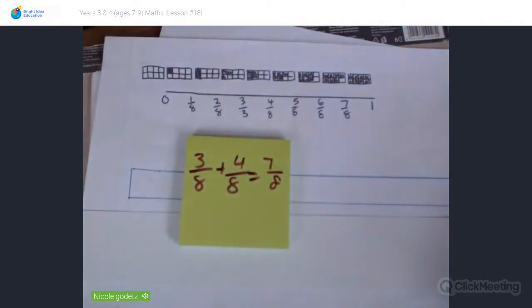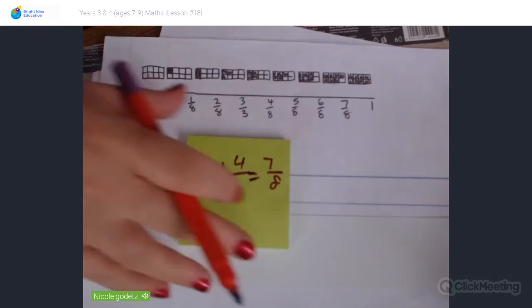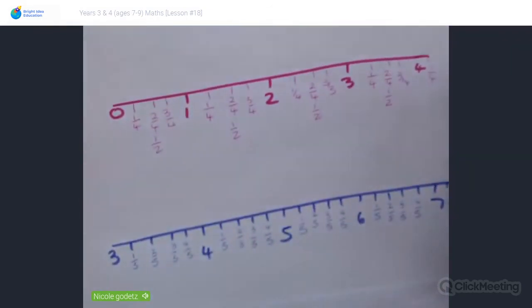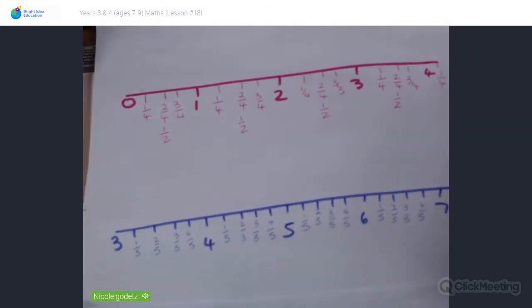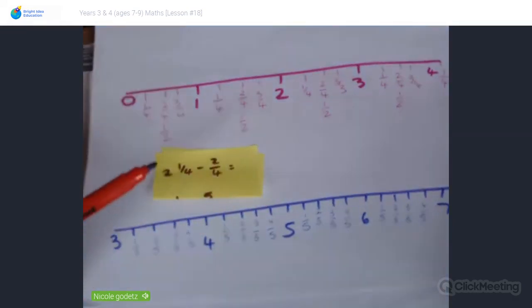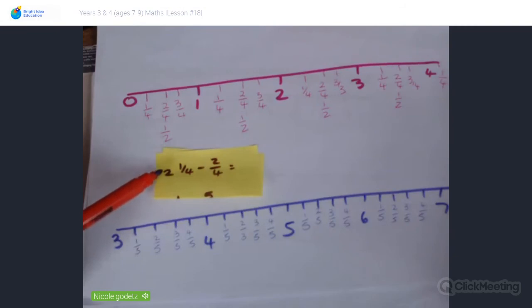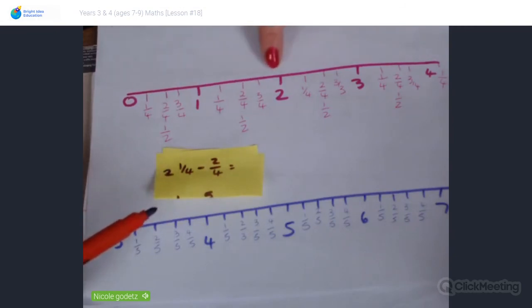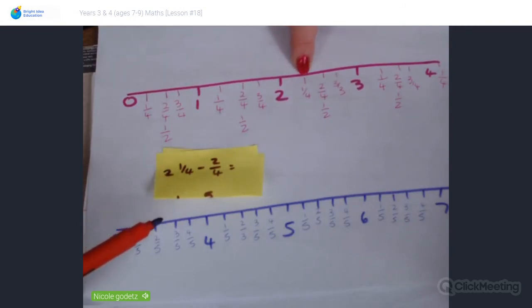Now let's have a look where we go across the whole. This is where we are getting a little bit in a pickle. If we were going to do this addition, we've got 2 1/4. So there's 2 and there's 1/4, and we have to add 2 quarters to it.